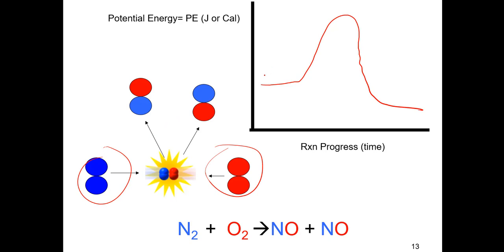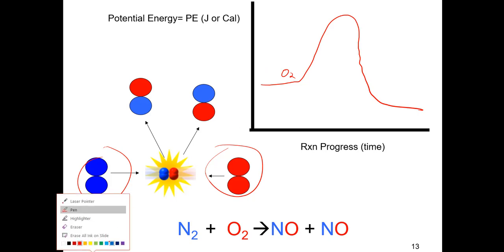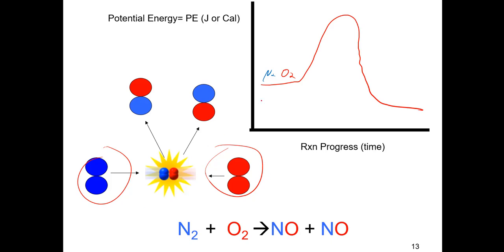So here is N2 and O2. I'll try to color code this. There's my O2 reactant. Here's my N2 reactant. This is the potential energy diagram. And then here is the N2 and the O2 as they've just collided.